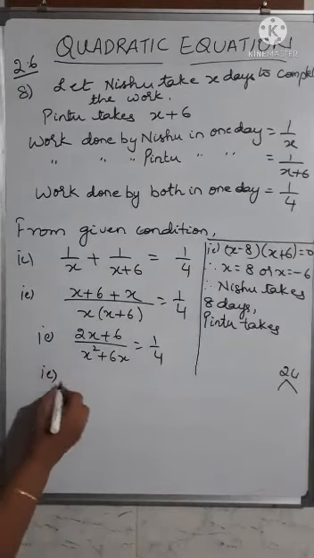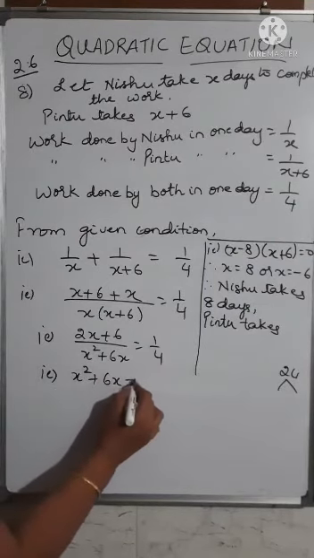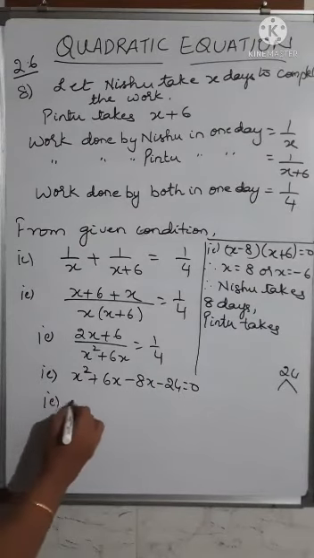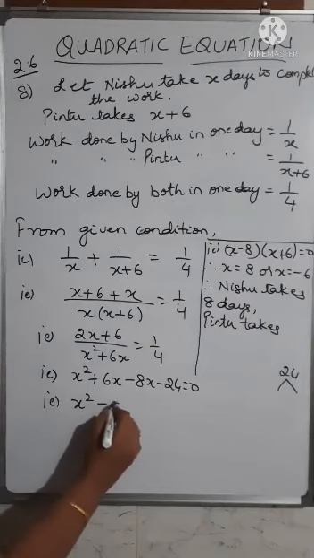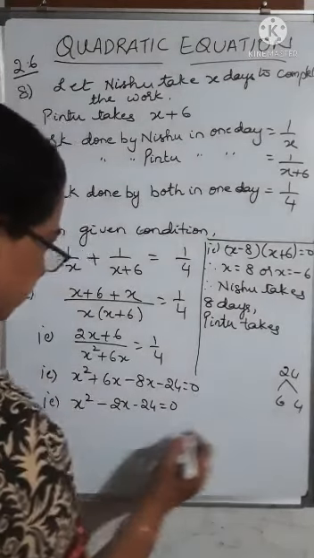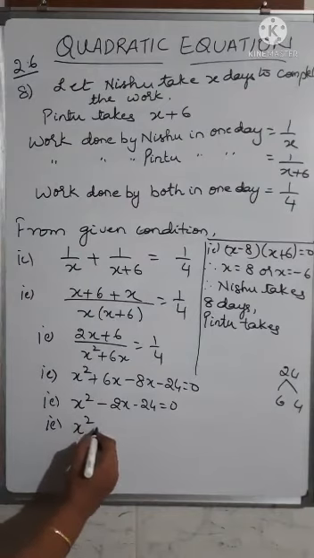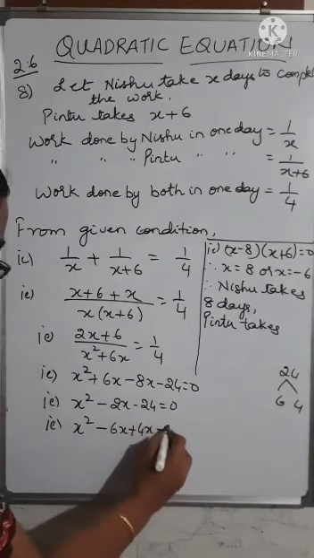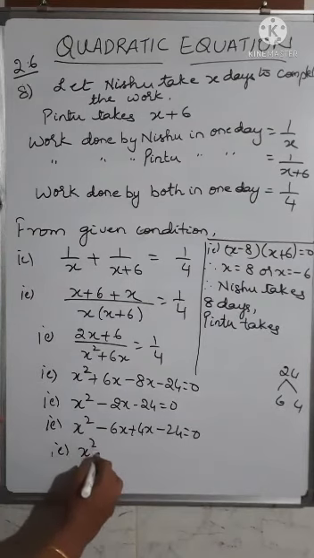So here you get x square plus 6x minus 8x minus 24 equal to 0. So you get x square minus 2x minus 24 equal to 0. 6 4s are 24. So you get x square minus 6x plus 4x minus 24 equal to 0.